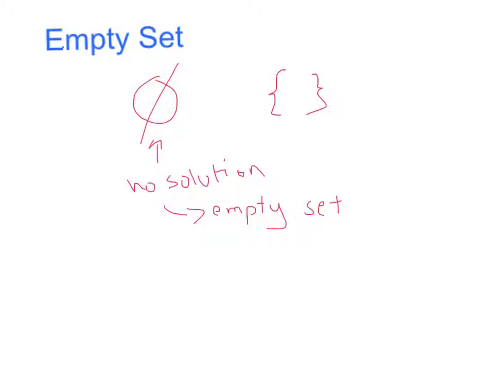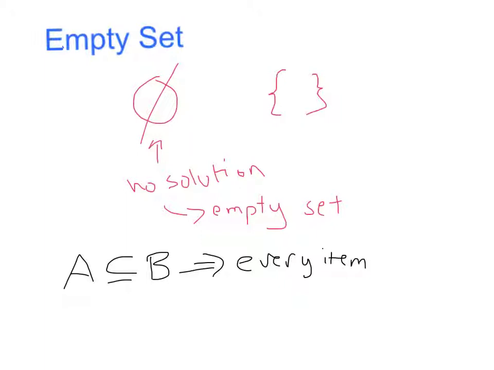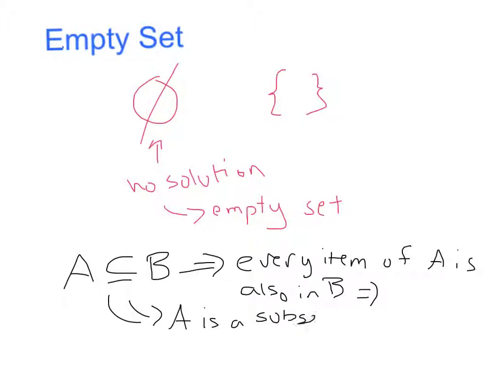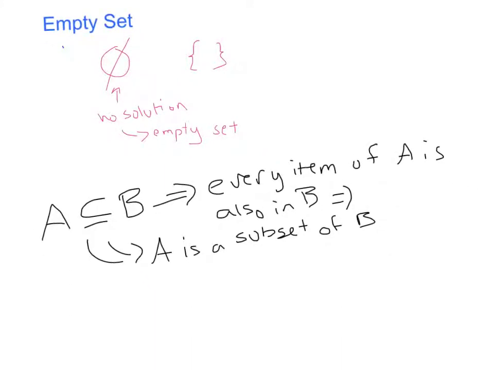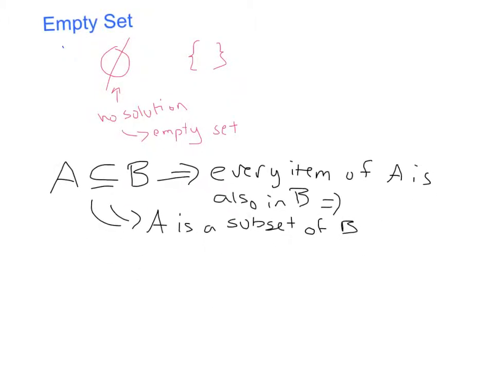Let's say A being a subset of B means every item or every element of A is also in B. And once again, this is a fancy way of saying A is a subset of B. So let's give you an example of this.